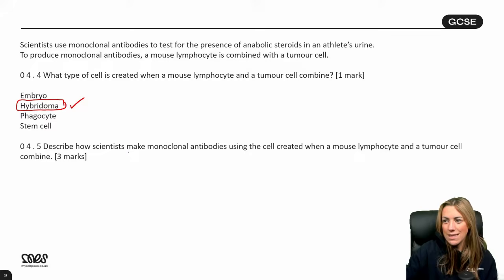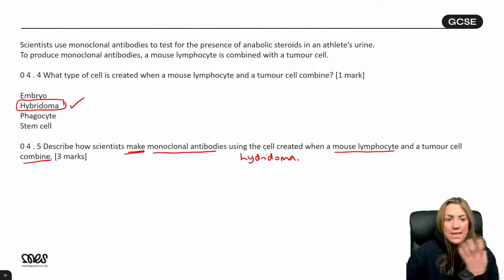Describe how the scientists make monoclonal antibodies using the cell created when the mouse lymphocyte and the tumour cell combined. So using the hybridoma. So we're not going to get marks for saying take a mouse lymphocyte and fuse it with a tumour cell to create a hybridoma, because we've already got that in the question. So once we've got the hybridoma, what we then need to do is finish the story and talk about how we actually get the monoclonal antibodies.